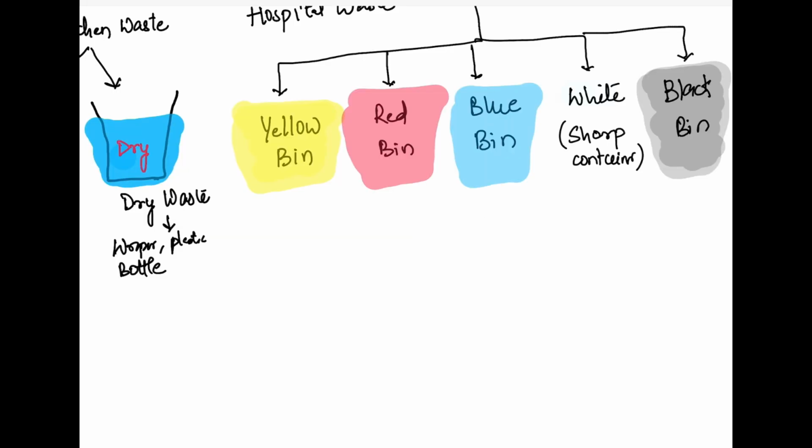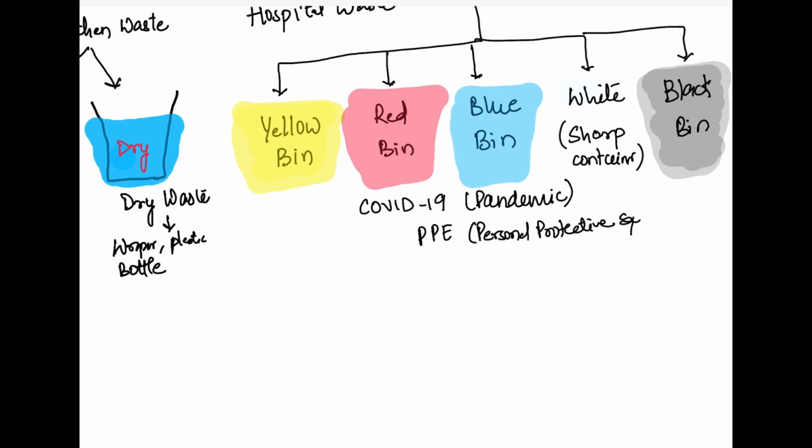This has come because of the COVID-19 situation. The pandemic has created a change because of the PPE, that is, personal protective equipment. So let's see what is there in the yellow bin.